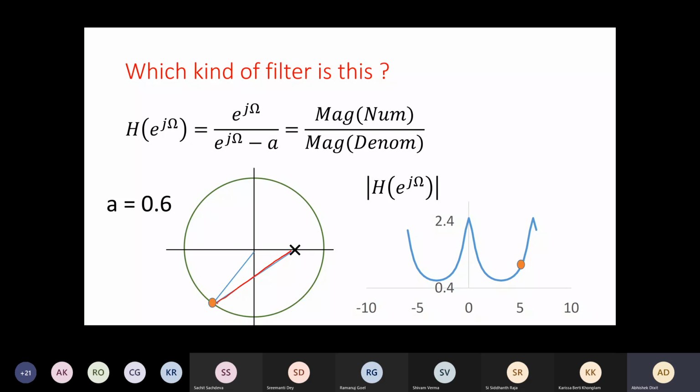But first, is there any question on this part? Is this clear? This way of thinking about the frequency response and arriving at different kinds of filters? Yes, sir.